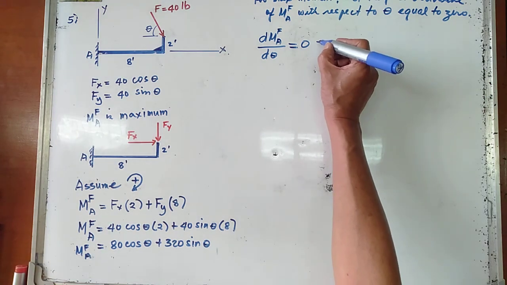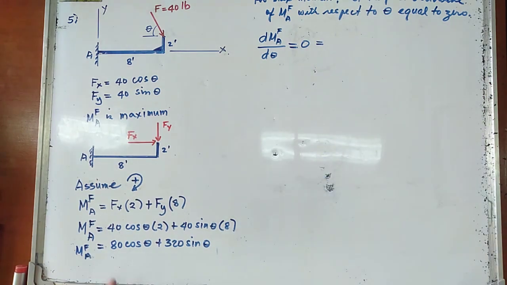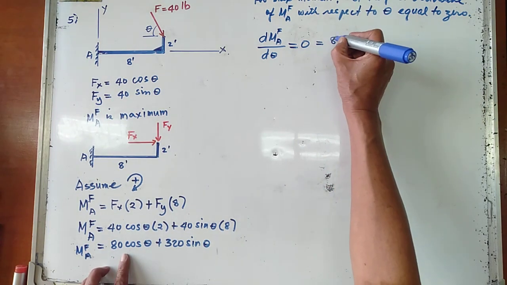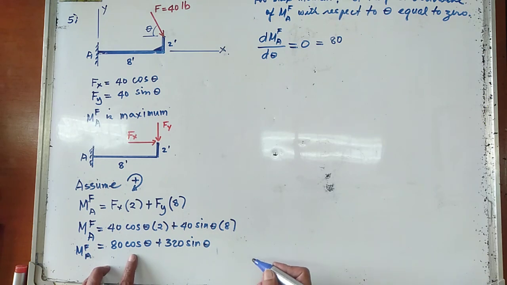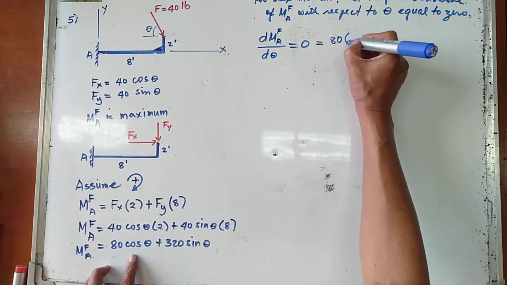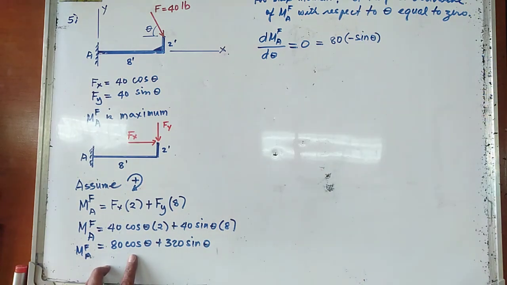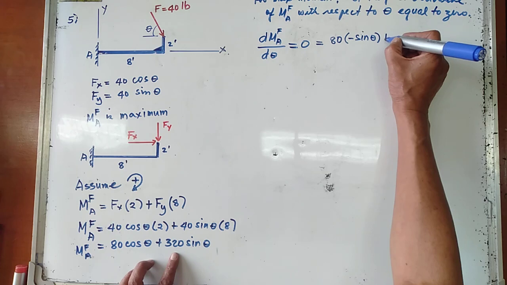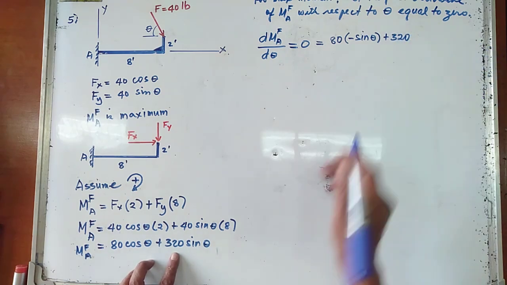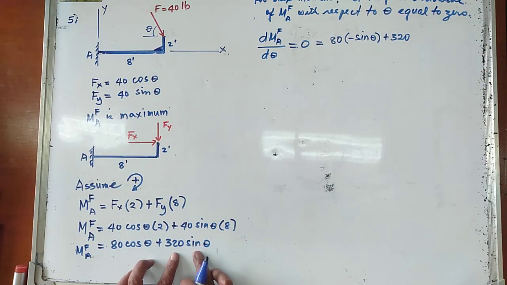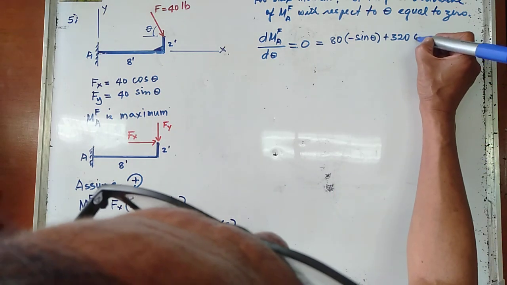And this is therefore equal to, so we have the moment of the force F about point A, 80 cosine of theta. So that is 80, the derivative of cosine theta is negative sine of theta, plus 320, the derivative of sine of theta is equal to cosine of theta.